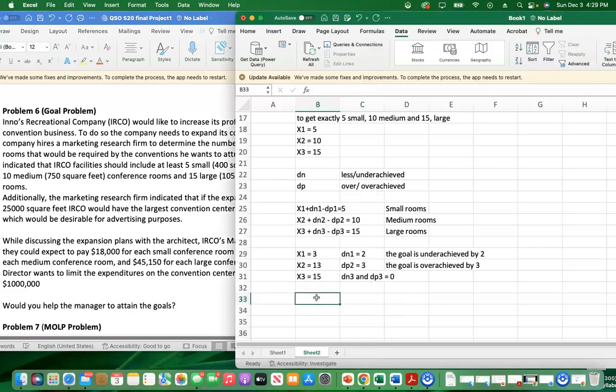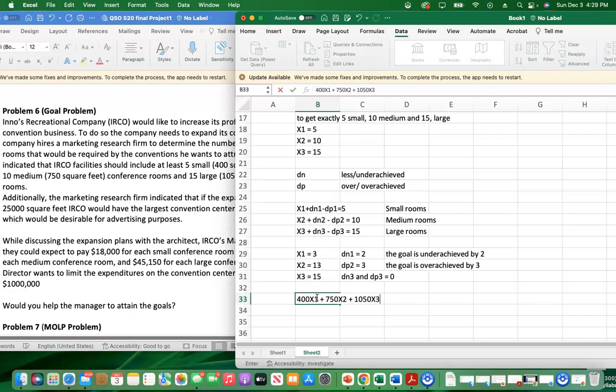So we can say 400 x1 plus 750 x2 plus 1050 x3.